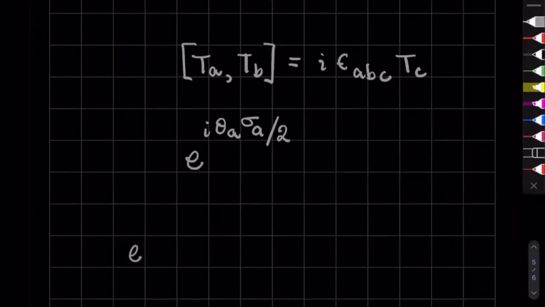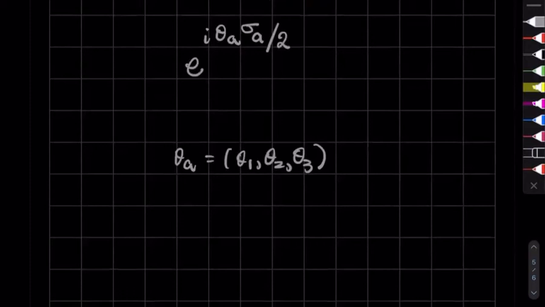But another way to show this is that if you have theta as theta 1, theta 2, and theta 3, then you can represent it in terms of a vector, which is a unit vector.